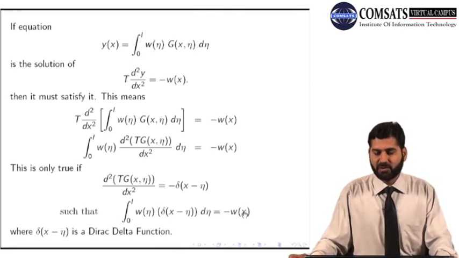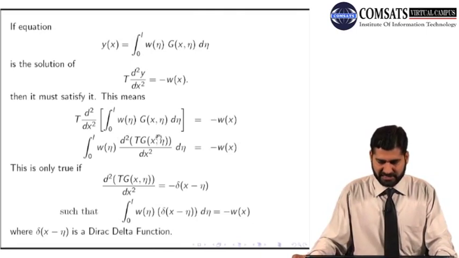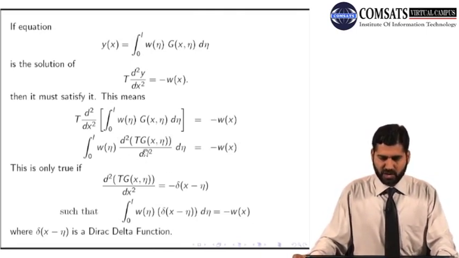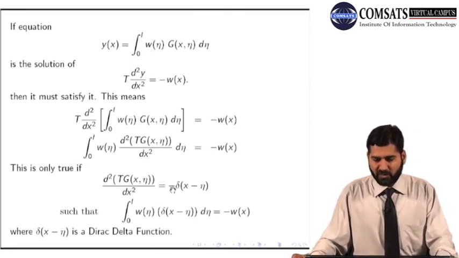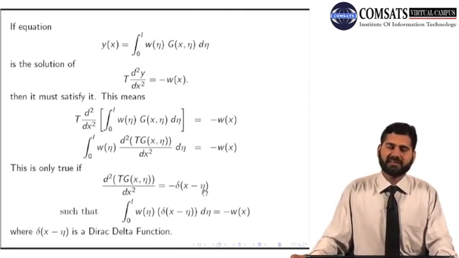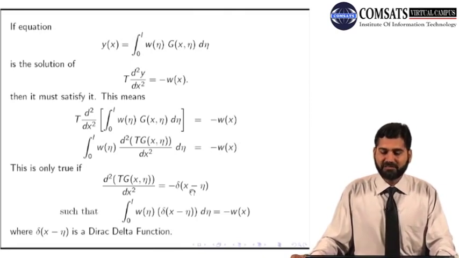So I will get minus wx. Because the right hand side is minus wx, this expression, T d2g by dx square, should be equal to minus delta x minus eta. This is the only way I will get minus wx on the right hand side, where delta is a Dirac delta function.